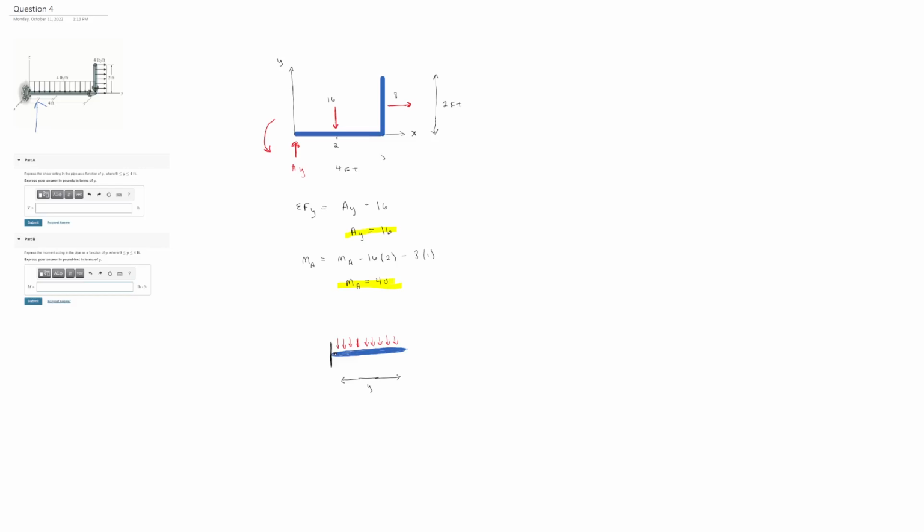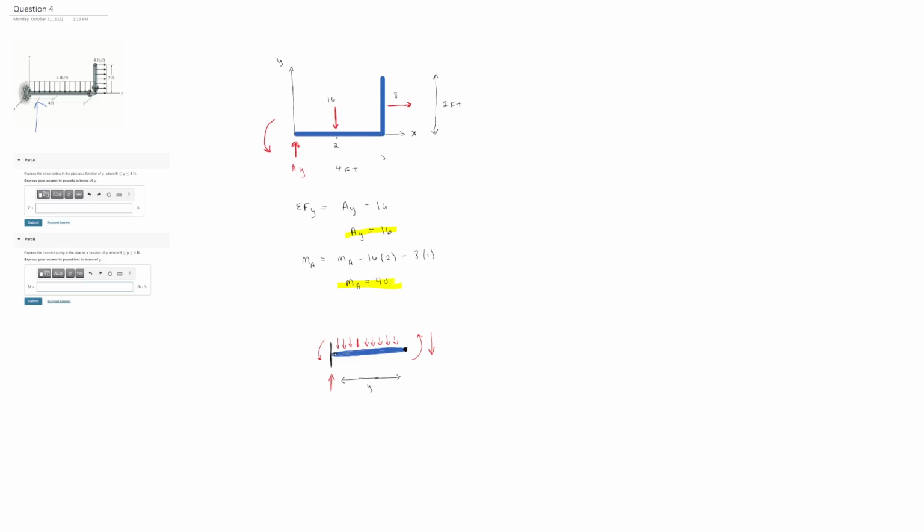Okay? And it's asking us right now to find the shear and the moment at this little point right here. We know that the Ay is pointing up, and we know the direction of the moment. So remember, it's going to be opposite of that. So the moment is going to be up, and the shear is going to be down. Okay? Same thing, but opposite.